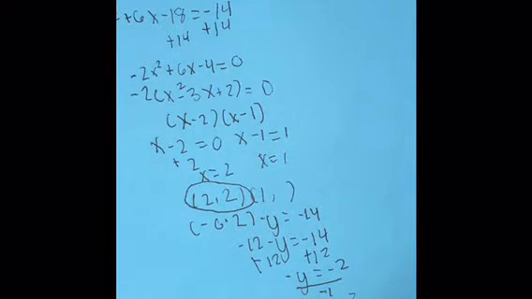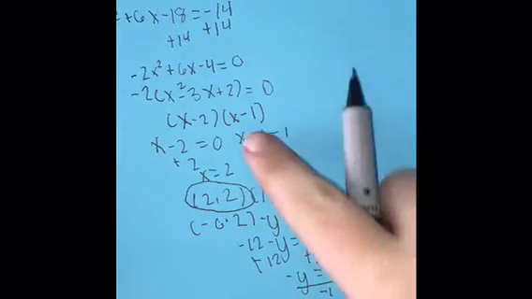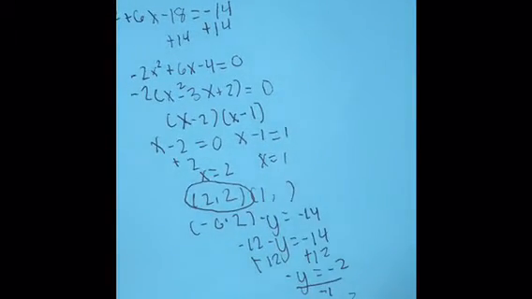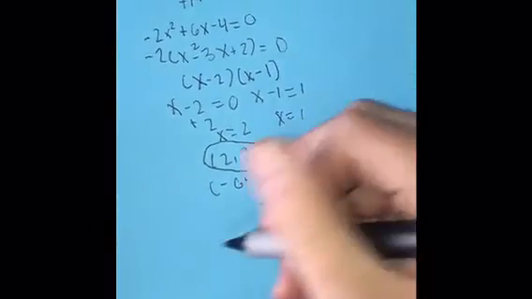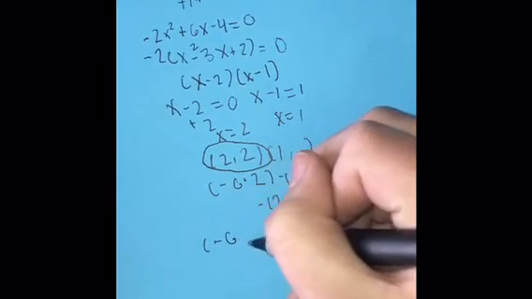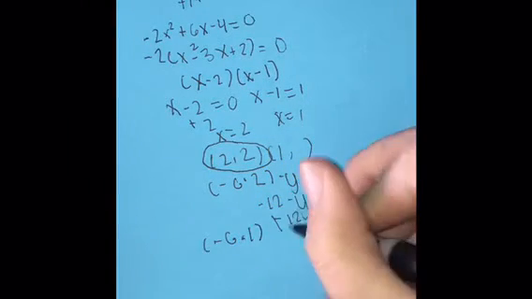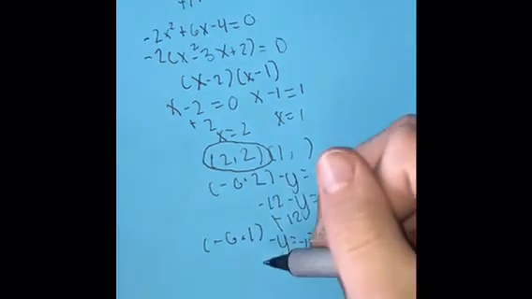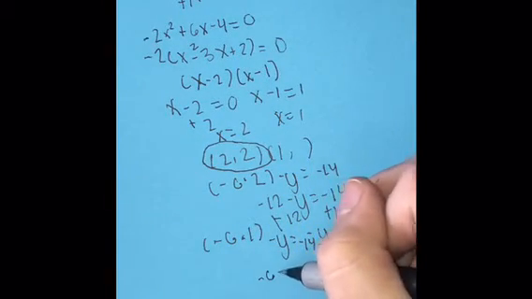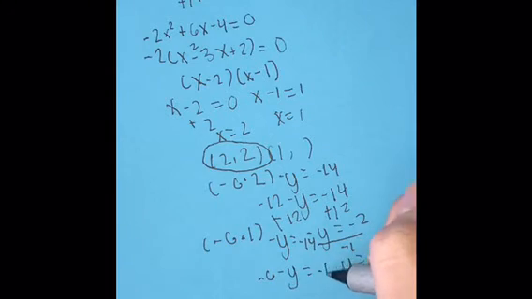Now we can find the other y to the solution of our system. We know our x is 1, so we're going to plug it back into the same part of the system. And so we're going to do 6 times x, which is 1, minus y is equal to negative 14. 6 times 1 is 6, minus y is equal to negative 14.